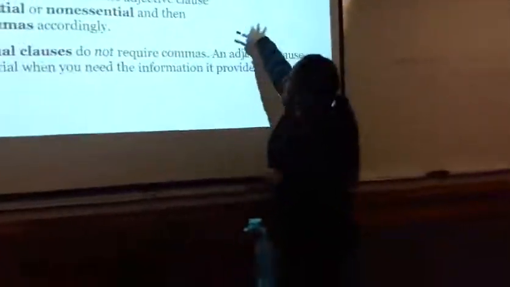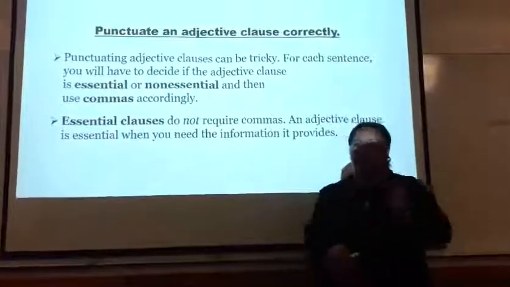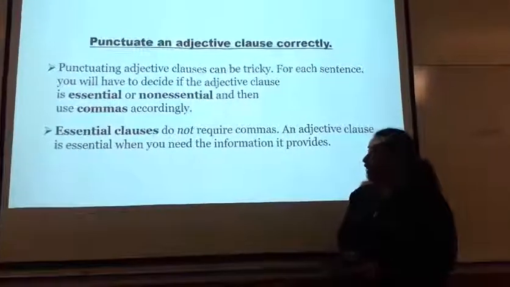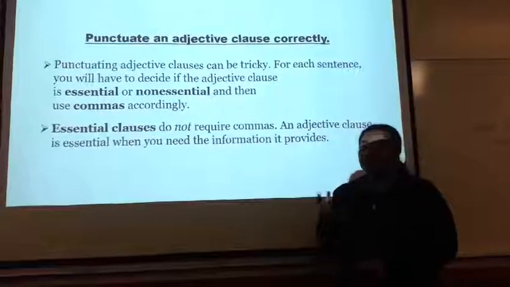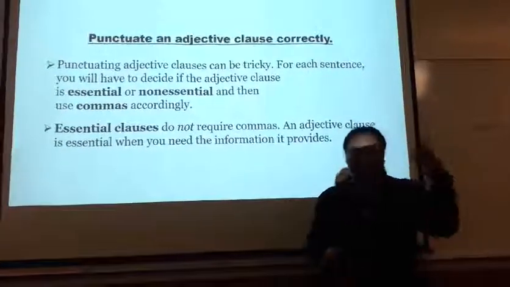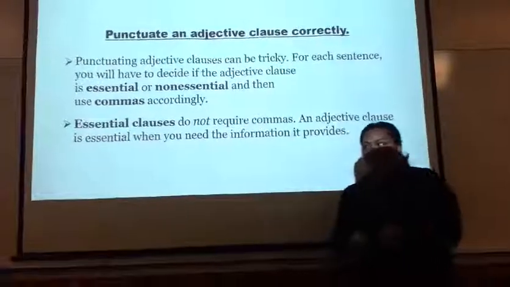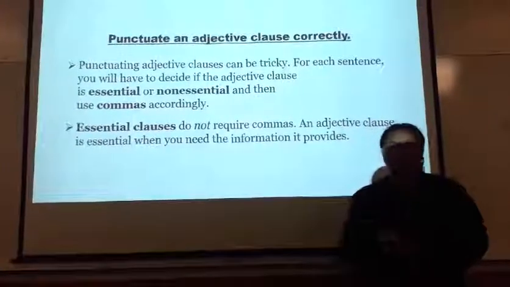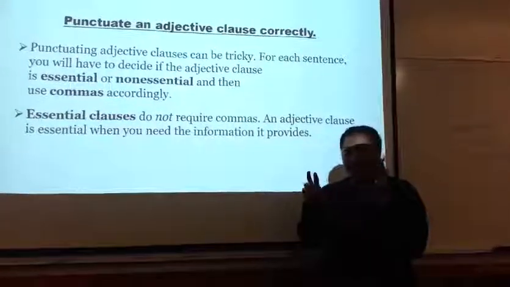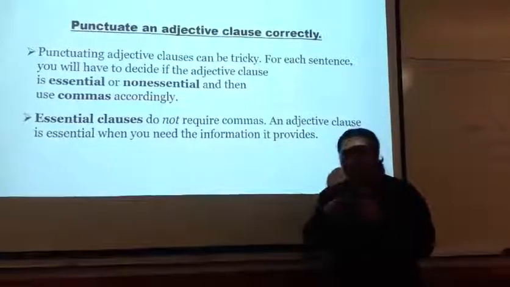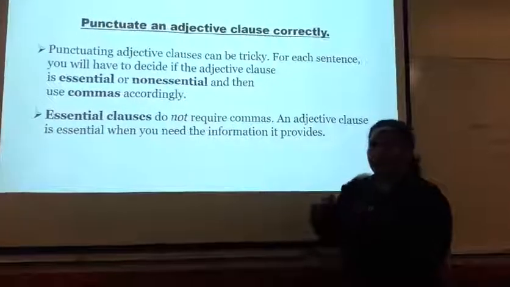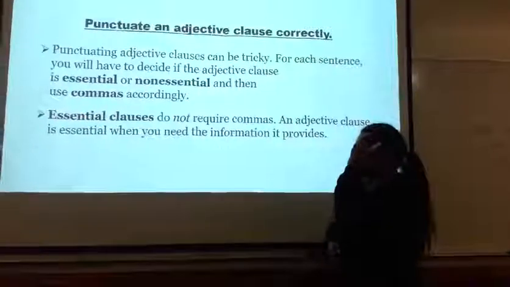For each sentence, you will have to decide if the adjective clause is essential or non-essential, and then use commas accordingly, like what we did with the example before, where we used the relative pronoun which, and before the which we put the comma. That modifies the word before it.